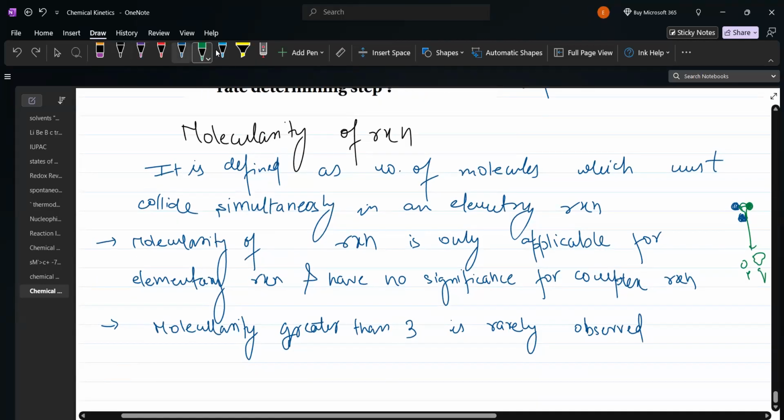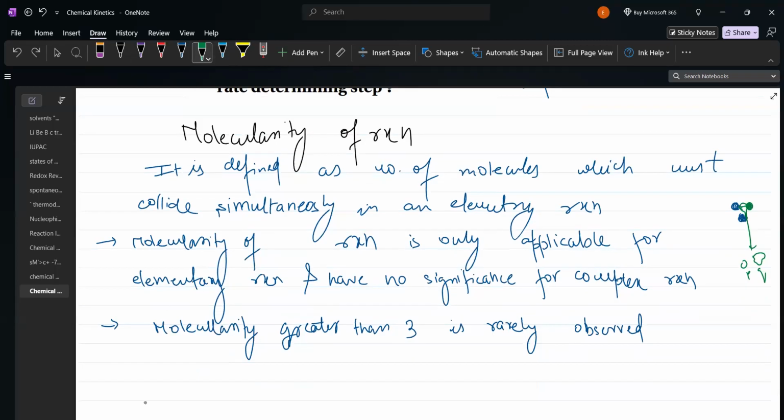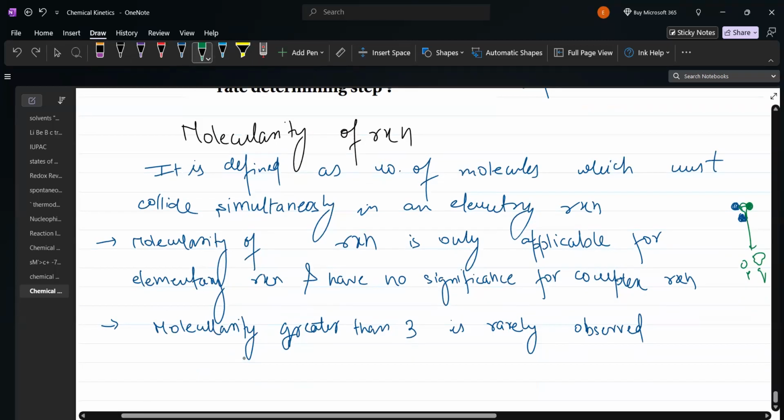Some more points to be understood. The major points are there only. It is a theoretical concept.